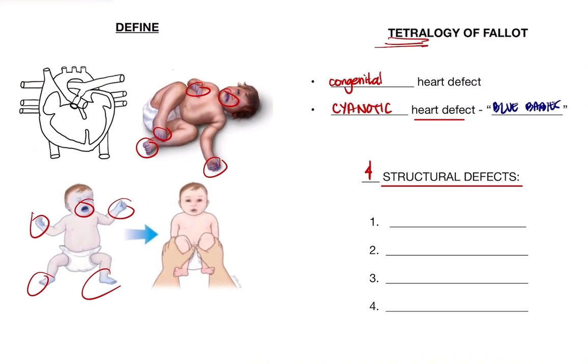First, there is what we call pulmonary stenosis. Number 2, there is what we call a right ventricular hypertrophy.